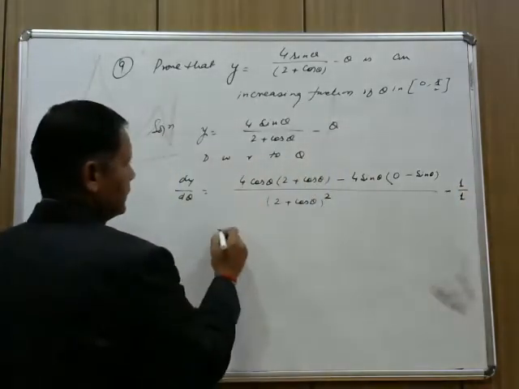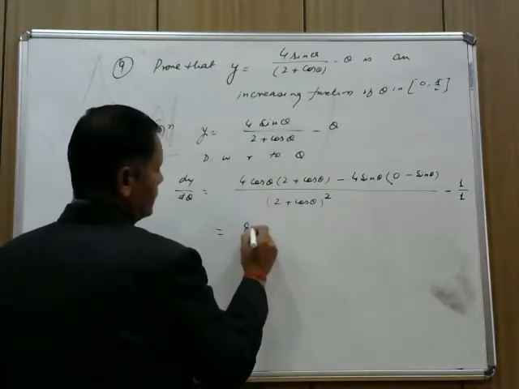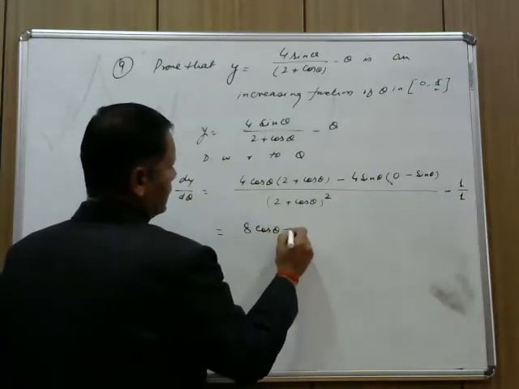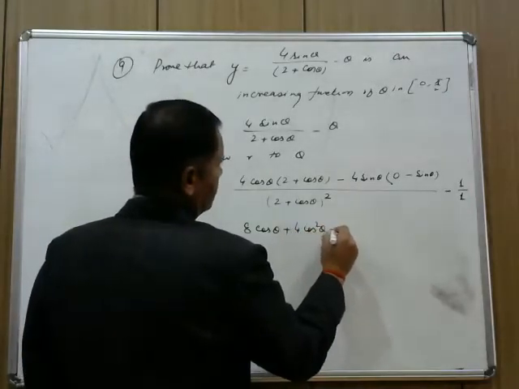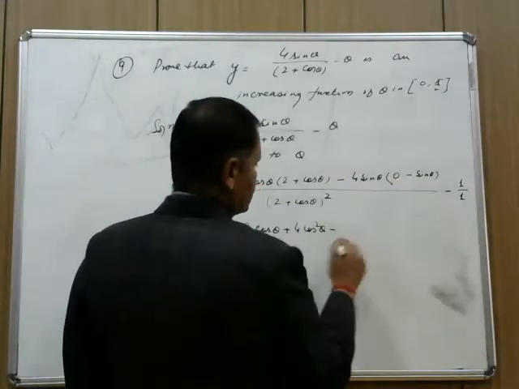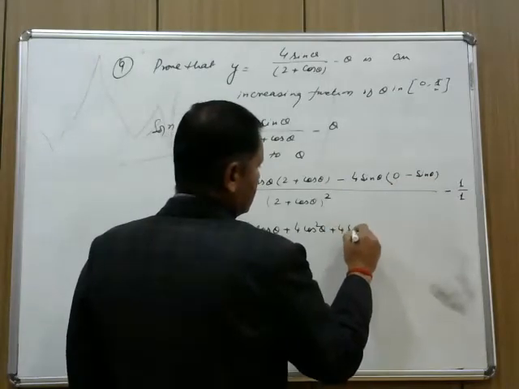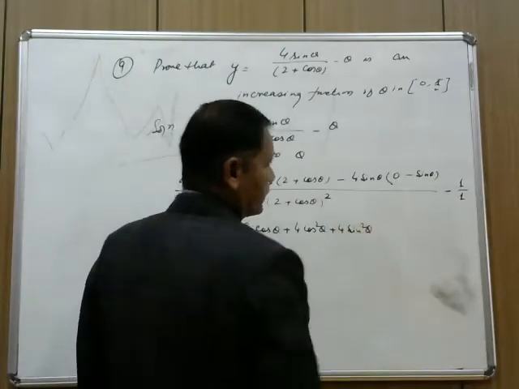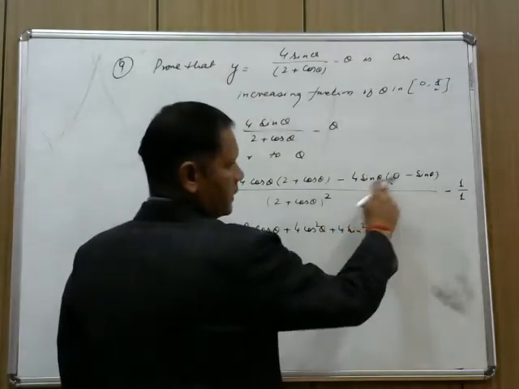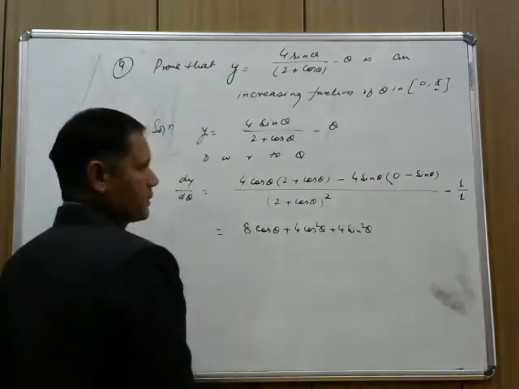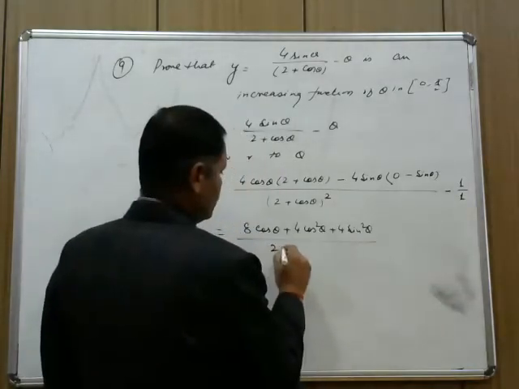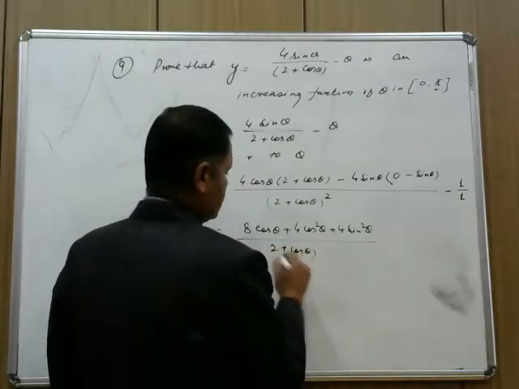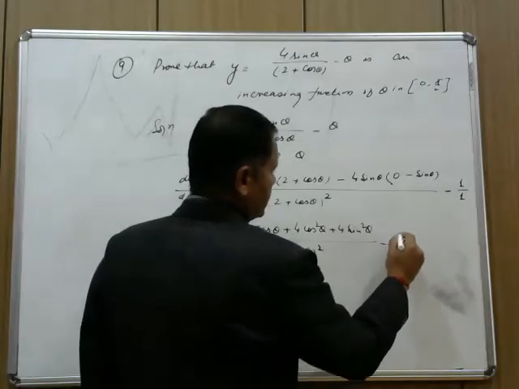Right, open the bracket: 8 cos theta plus 4 cos square theta, and minus 4 sin theta into minus sin theta becomes plus 4 sin square theta, upon 2 plus cos theta whole square, minus 1.